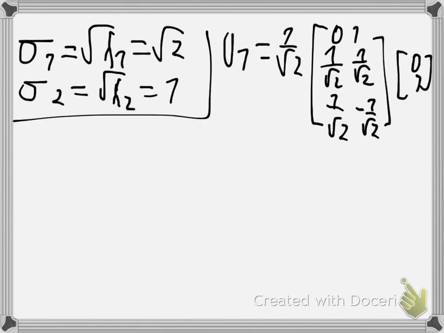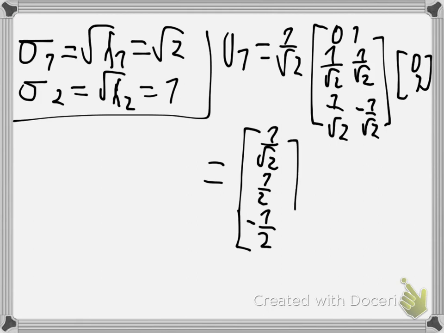Yep. And so I get that this is equal to, if you do the computation, you should get 1 over square root of 2, 1 over 2, and negative 1 over 2. Okay?